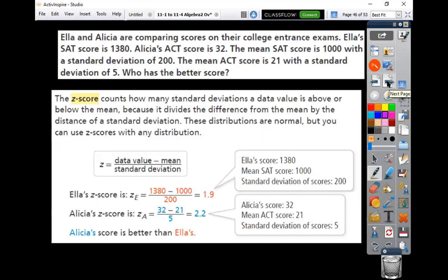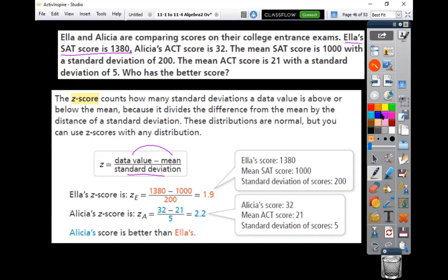All right, so now in case you get some other number that's not one of your exact ones, they give you this formula. Figure out how far you are from the mean, divide by the standard deviation, and that would tell you how many standard deviations you are away. In this problem, we've got 2 girls, Ella and Alicia. One took the SAT and got a 1380. That was Ella.